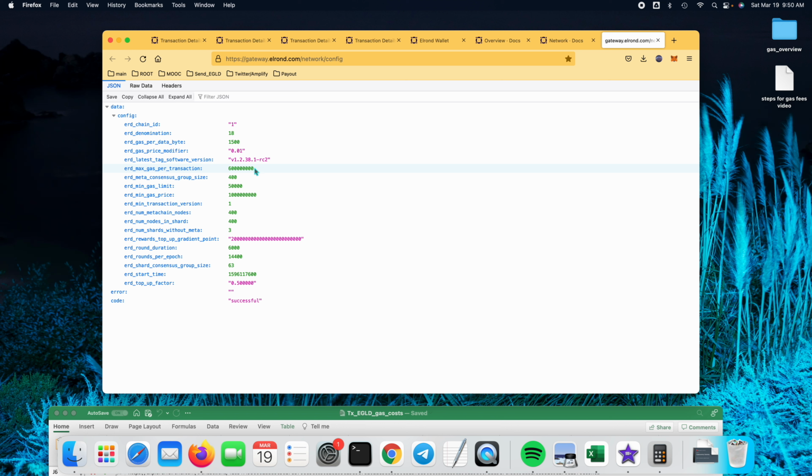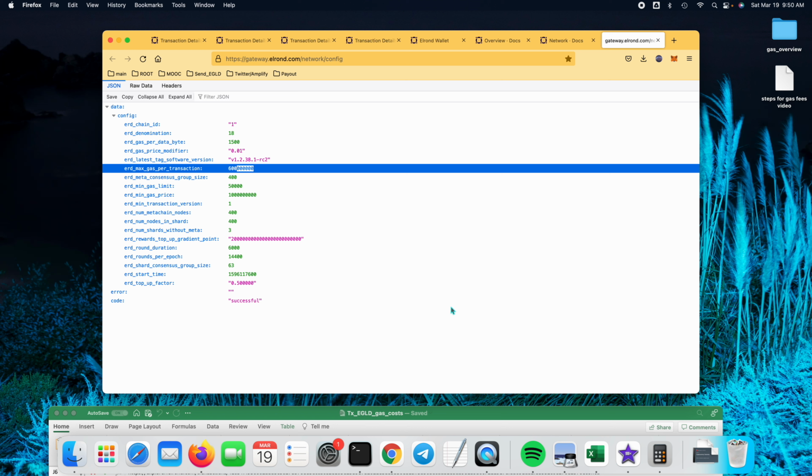And here you'll find that's a 6 with 8 zeros behind it. So 6 times 10 to the 8th power. And this is the max gas units that you can provide when you make a transaction or a call to your smart contract.